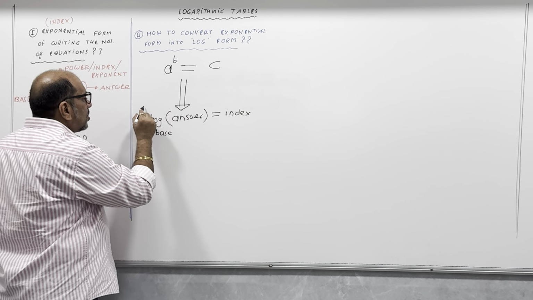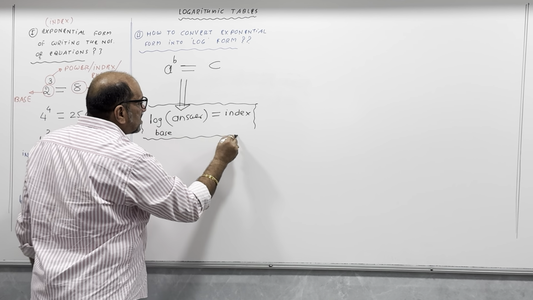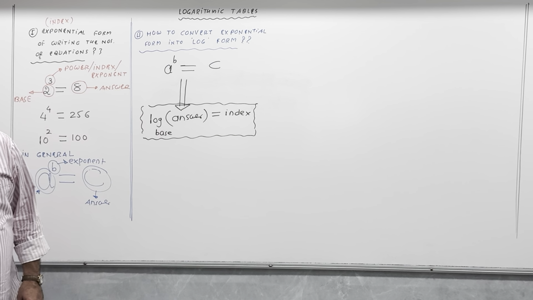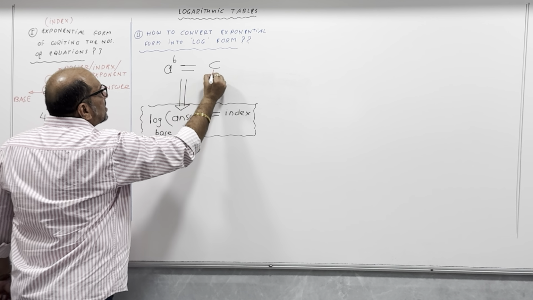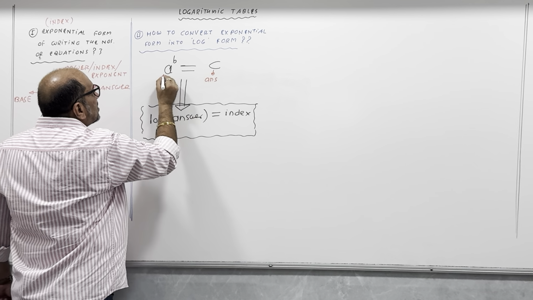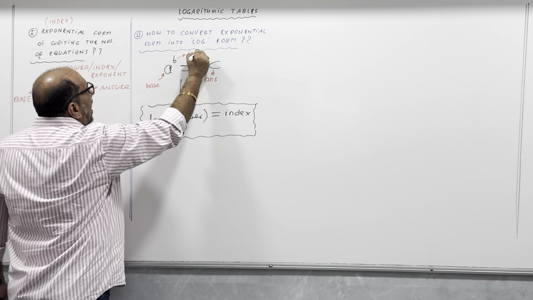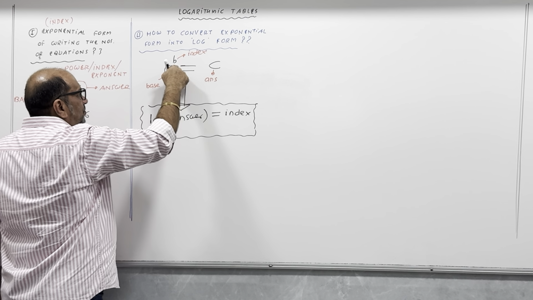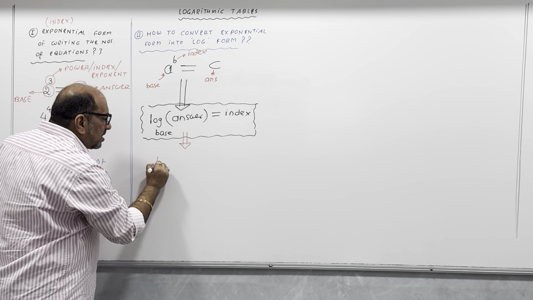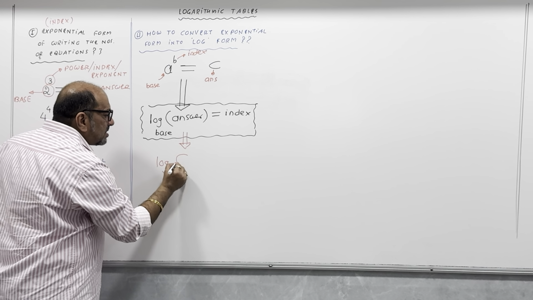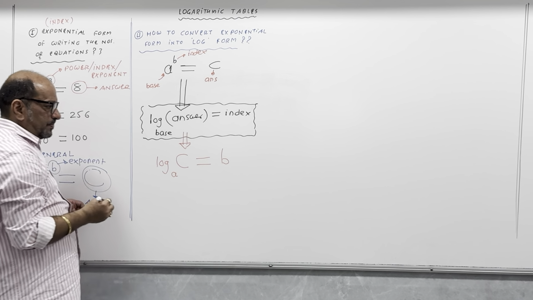What is it, students? Log of answer to the base is equal to index. So, from my knowledge of the previous frame, can I say this is the answer, this is the base, and this is the index? So, if I start from exponential form and I want to go to logarithmic form, then my answer is log of answer to the base is equal to index.